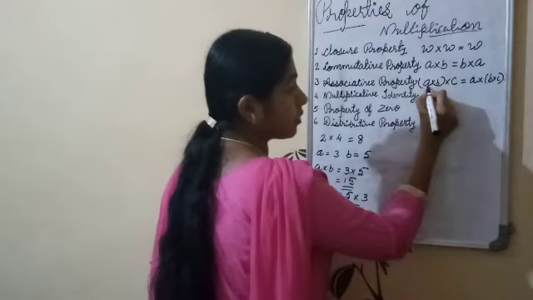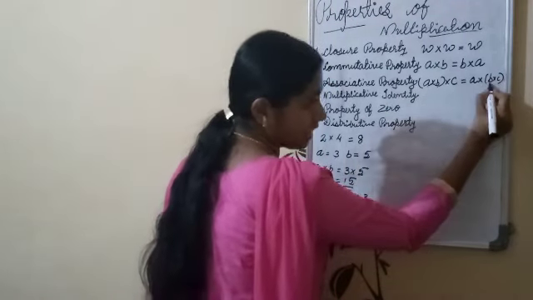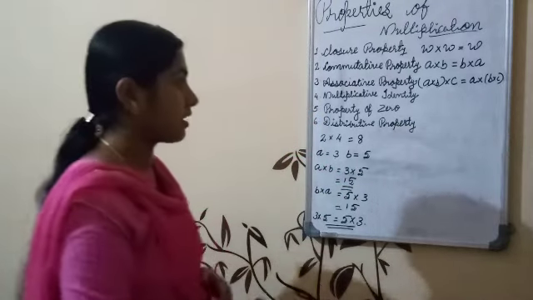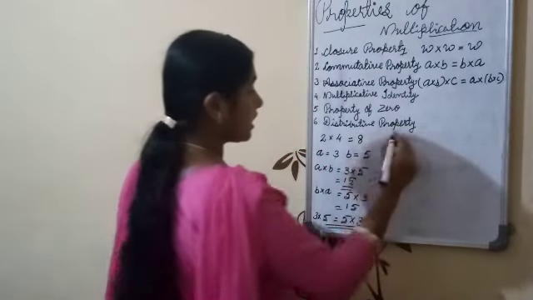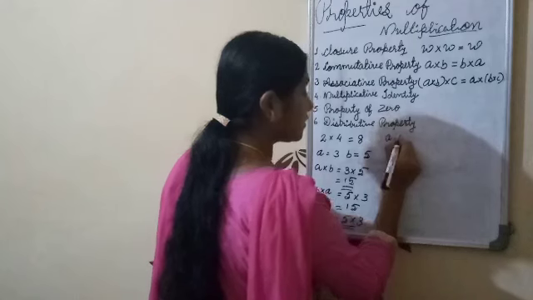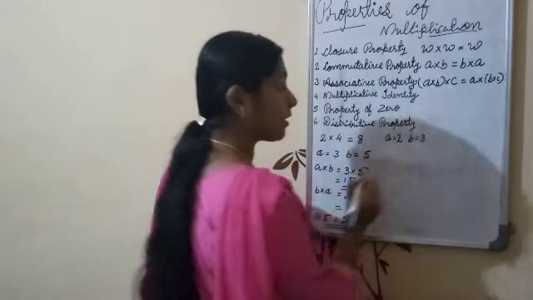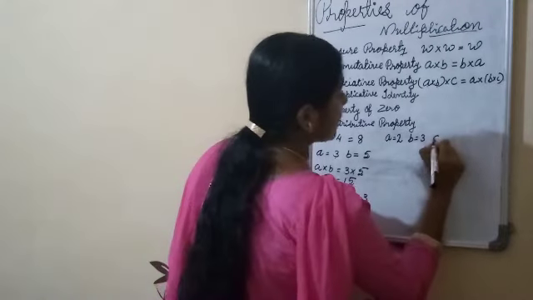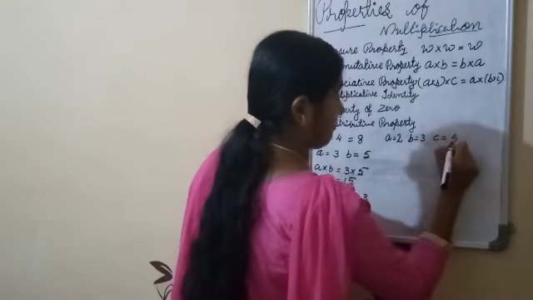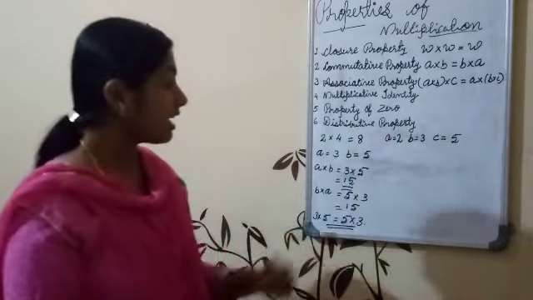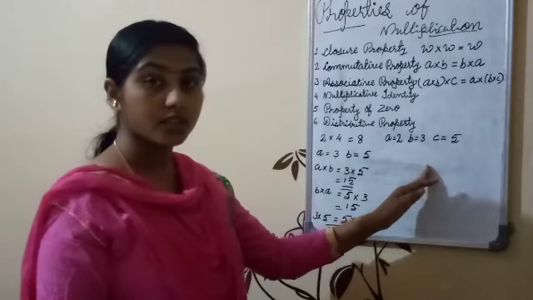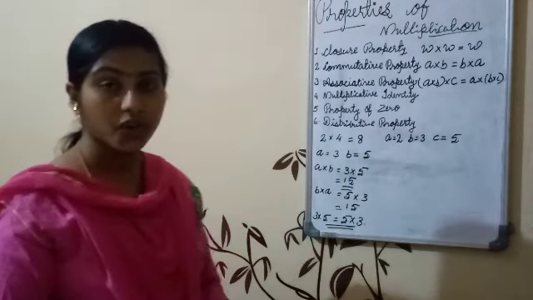Okay, here the group is a into b, but here b into c. Then example, here a is equal to 2, b equal to 3 and c is equal to 5.